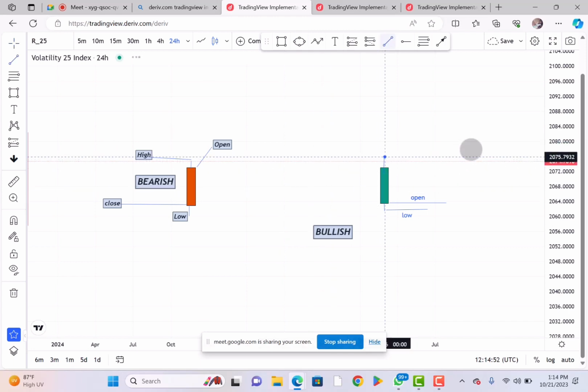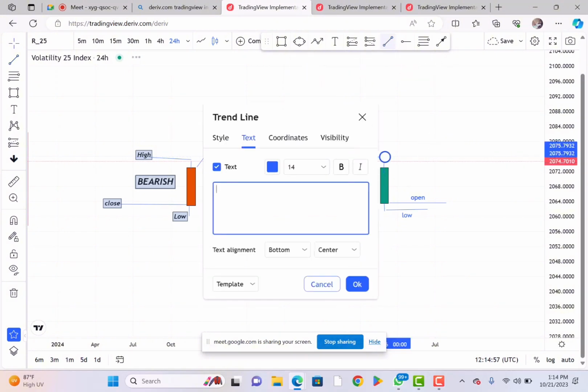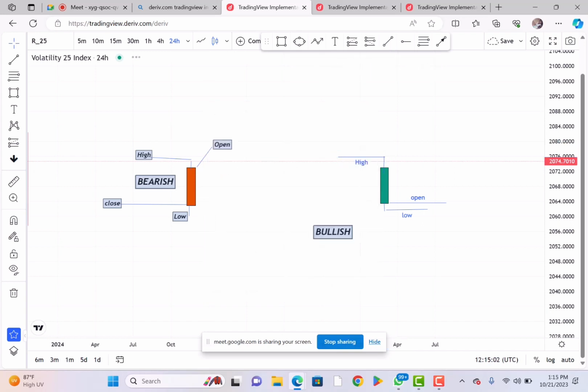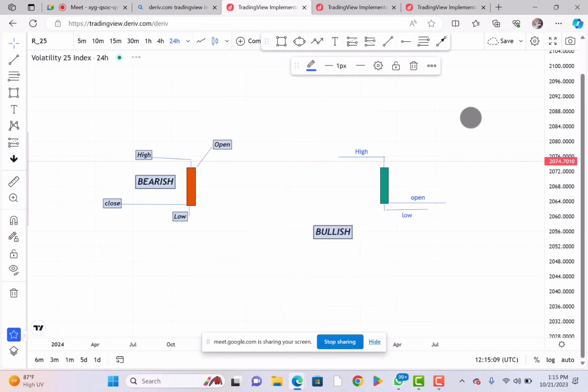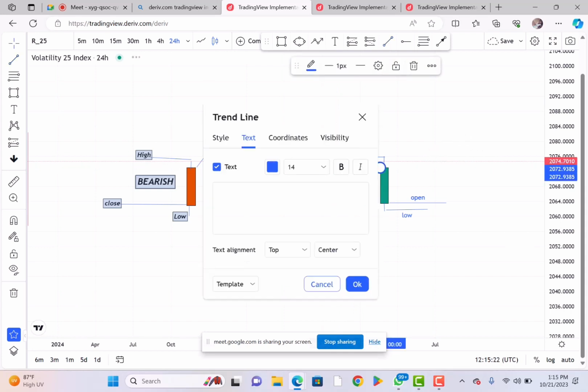The high and the low remain the same. This is the high. And then we have the close of this candle. This is where the candle closed.